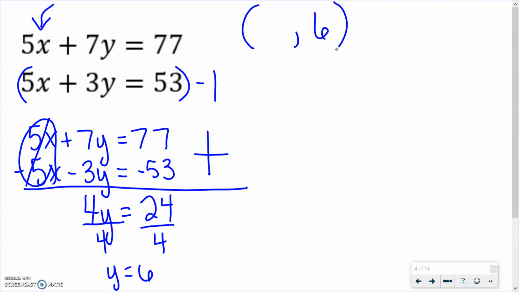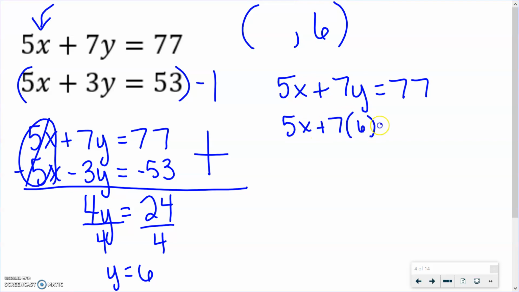So then I'm going to plug that in to either one of the equations. And on this one, it doesn't really matter. Again, you can pick the top or the bottom. I'm just going to go with the top one. But I know that y is 6, so I'm going to rewrite this as 7 times 6.